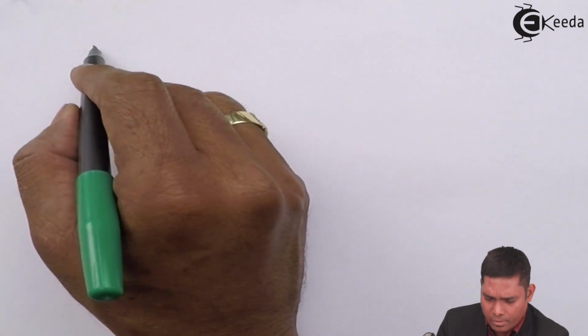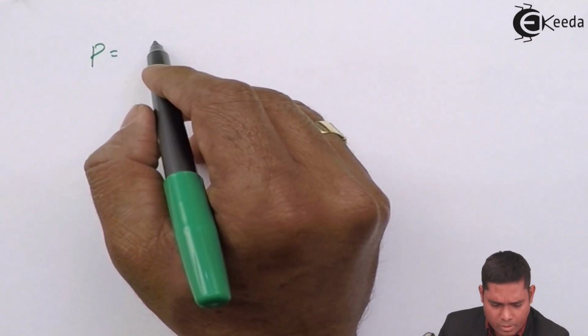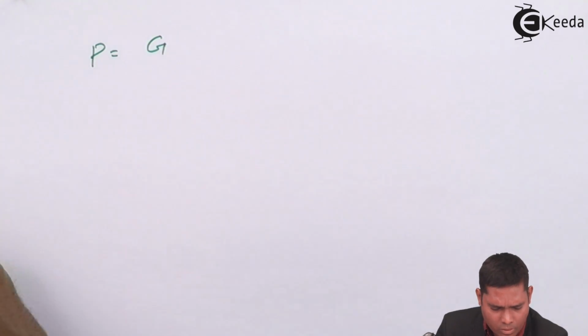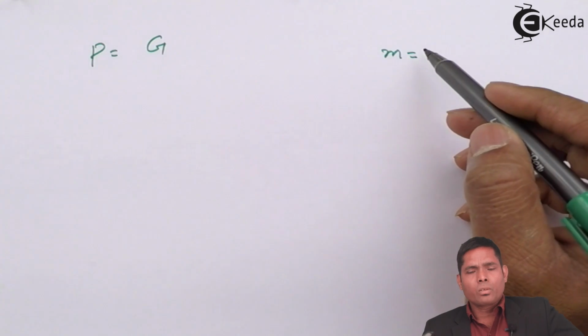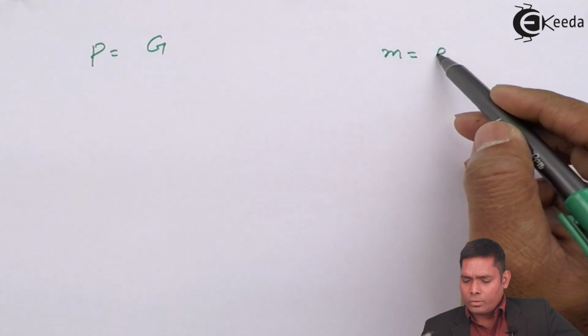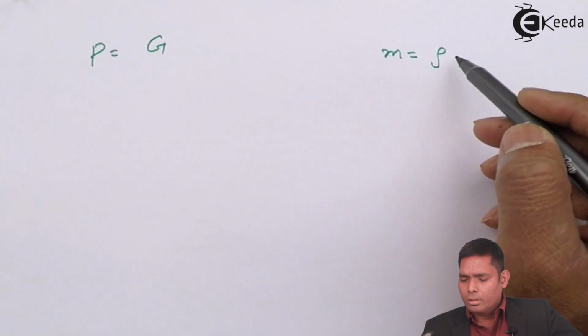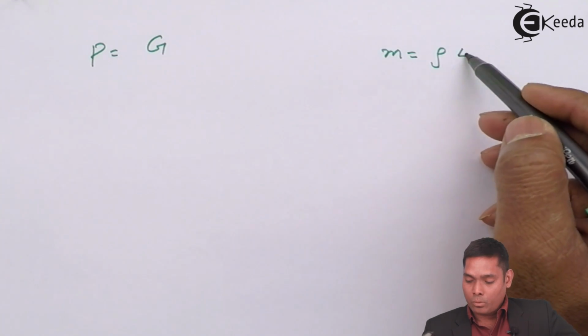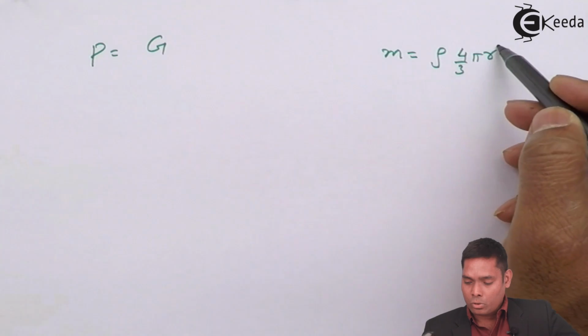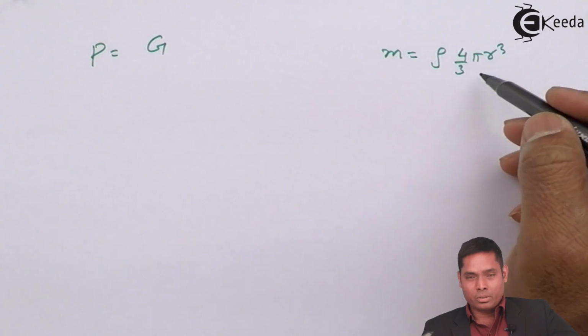Now the pressure comes out to be G times M, where M can be written as the density of the fluid into the volume. Volume is 4 by 3 pi r cube, because r is the radius.